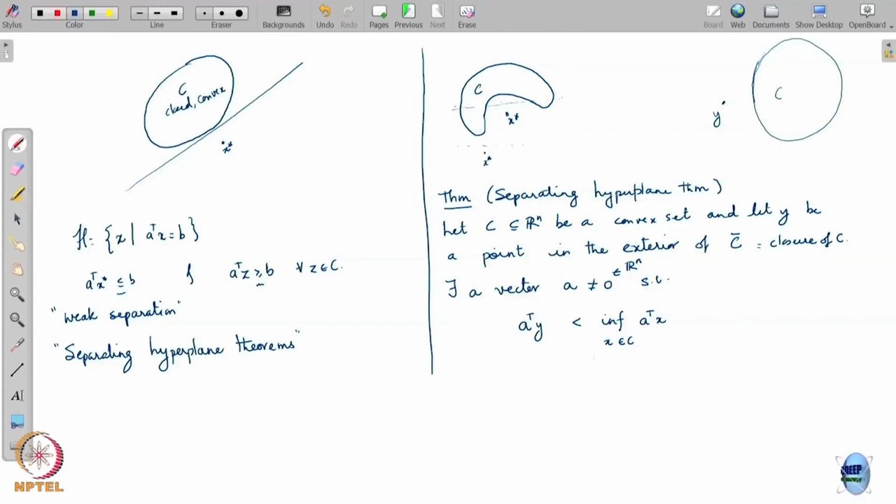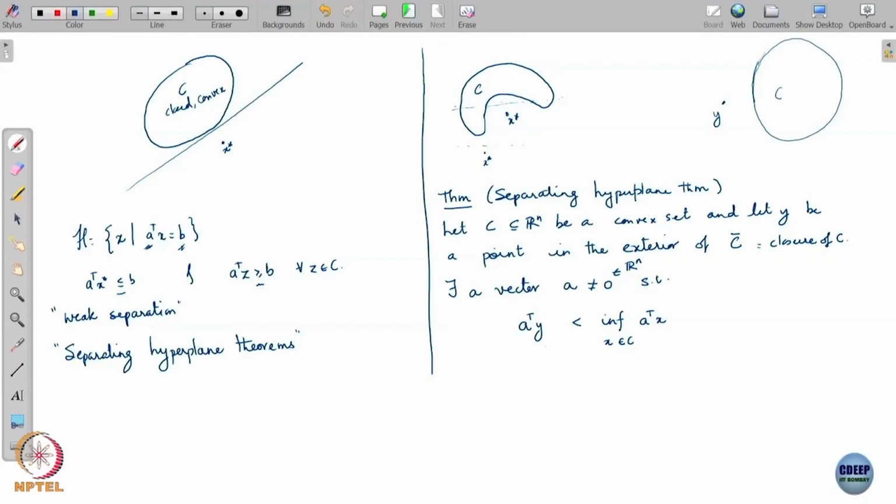So, for that, the normal to the hyperplane is the vector A. A is the normal of the hyperplane. Where is my B? For a hyperplane, I need to talk of an A as well as a B, a scalar B.